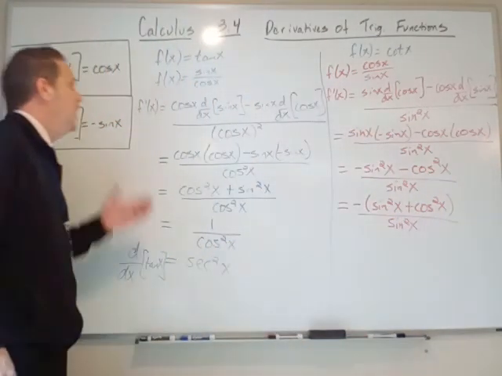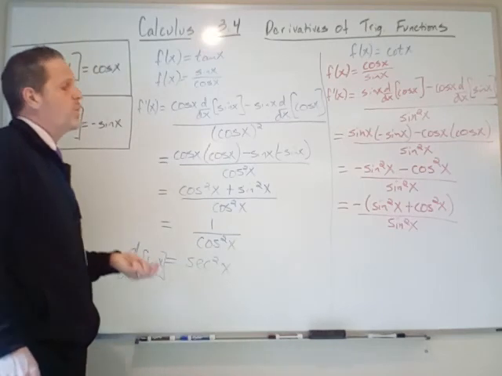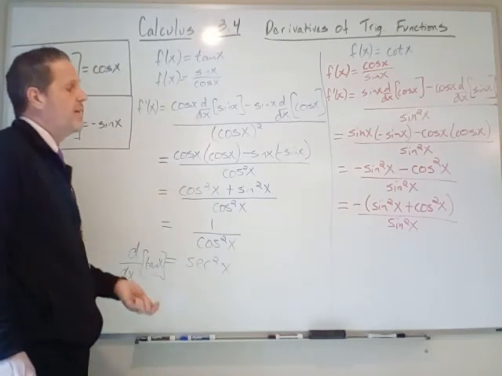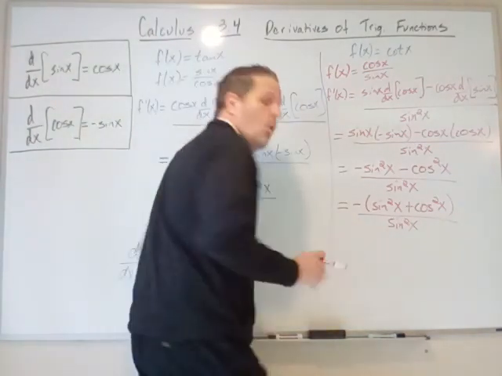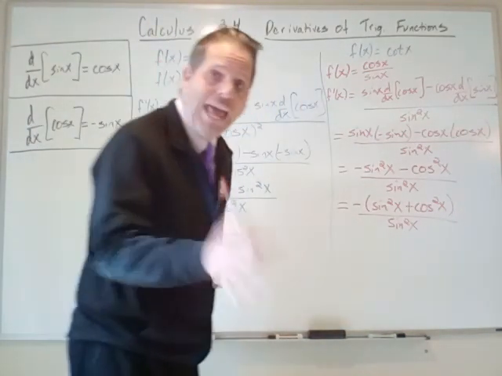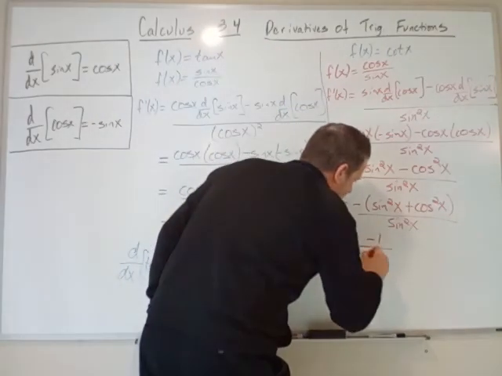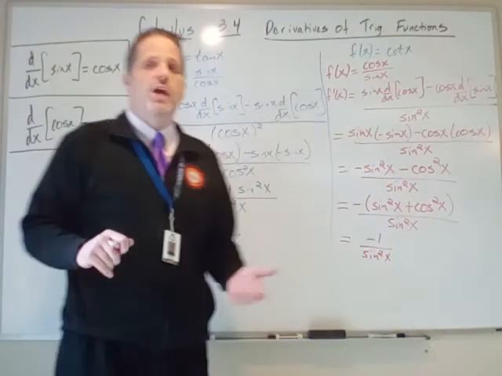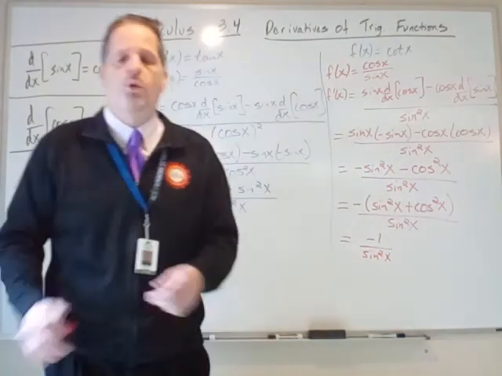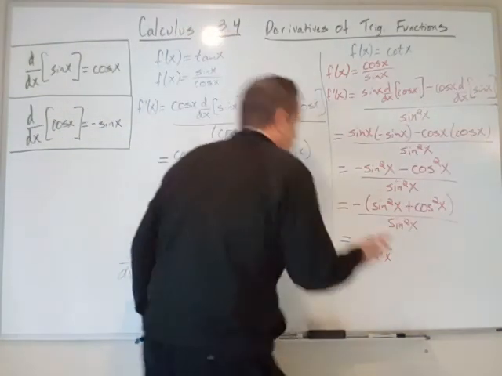So similarly to the derivative of the tangent, we end up with a sine squared of x plus a cosine squared of x in the numerator once we factored out that negative sign, which tells us then we've got -1 in the numerator over the sine squared of x. And going back to our trig, 1 over sine is the cosecant of x, so 1 over sine squared is the cosecant squared of x.